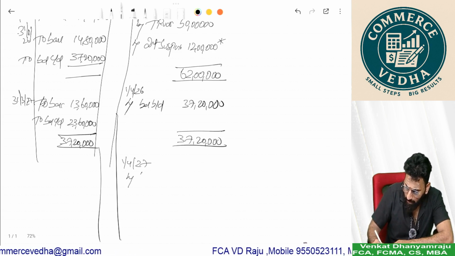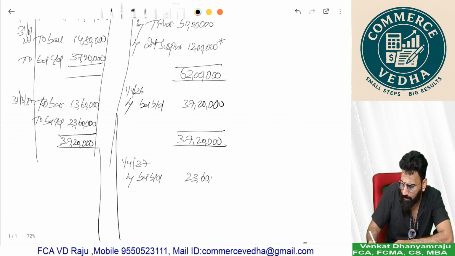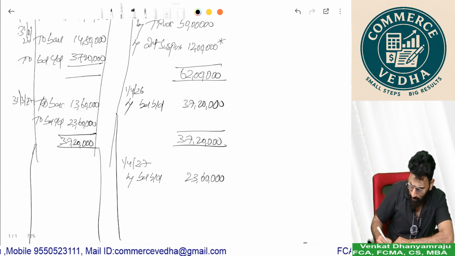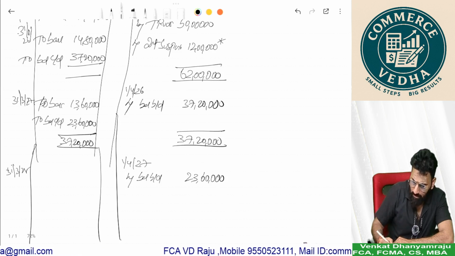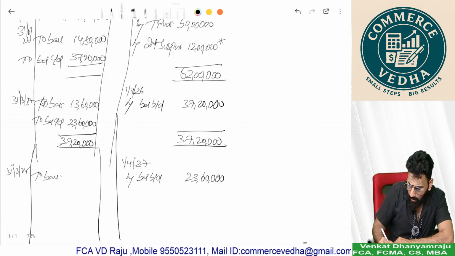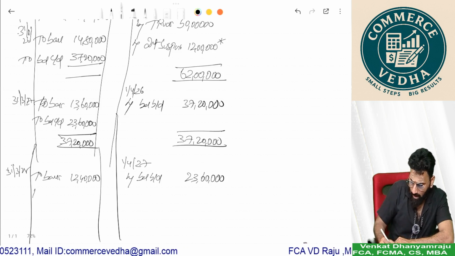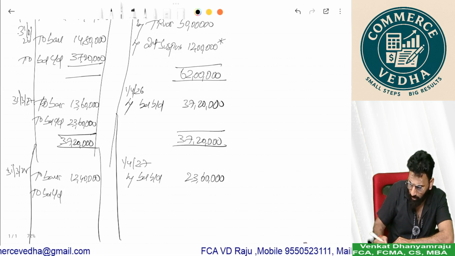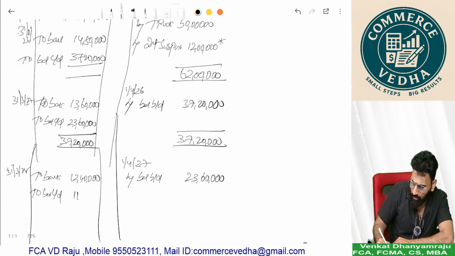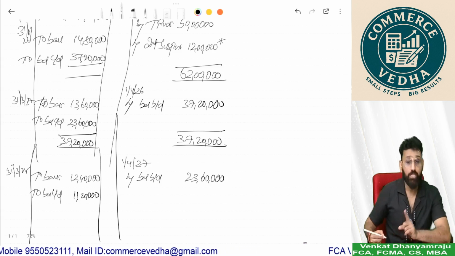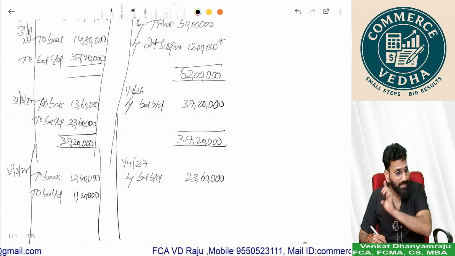Then 1/4/27, by balance brought down, you are showing 2360, and 31/3/28, to bank you paid 1240, and to balance carried down 2360 minus 1240, 1120, which includes 10 lakhs towards principal and 1,20,000 towards interest.